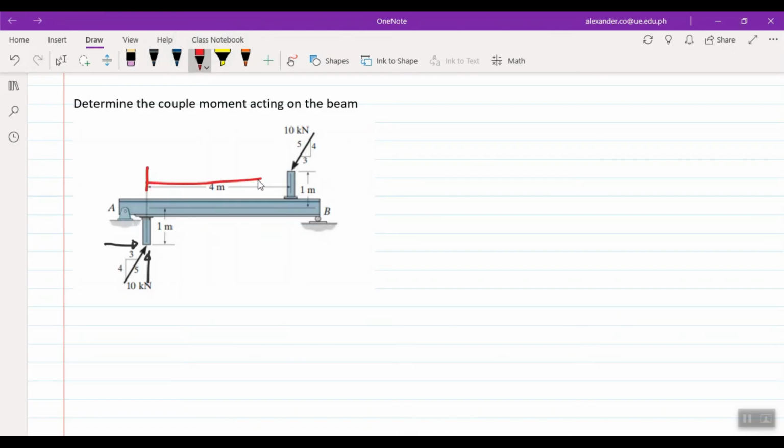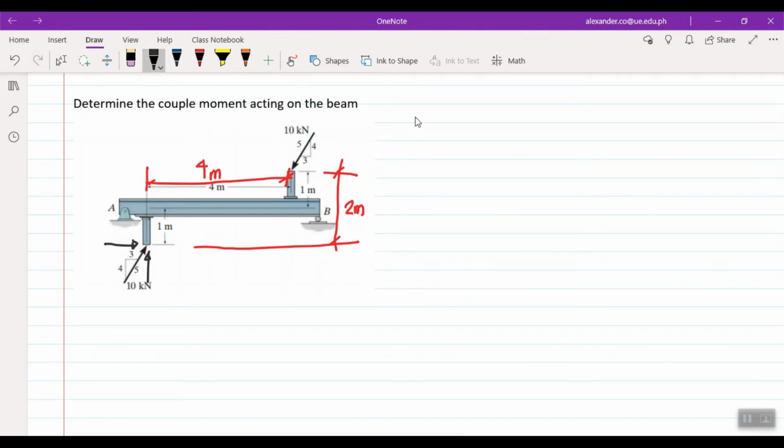From here to here, the distance is 4, and the horizontal component, up to here, the distance is 2 meters. So it's longer, but easier, because we no longer need to compute the perpendicular distance between the two forces.